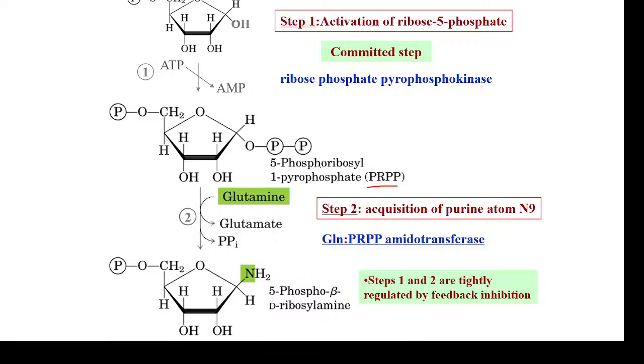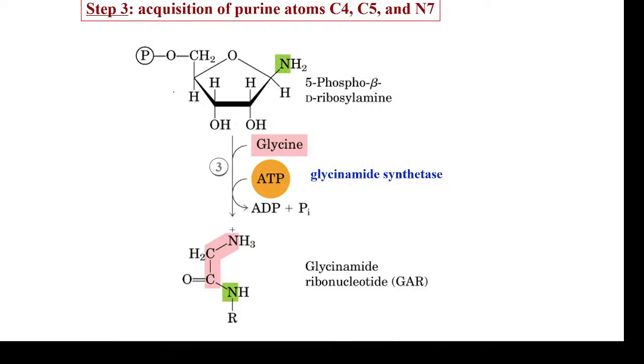Here the pyrophosphate is released in the form of inorganic pyrophosphate. This reaction is catalyzed by PRPP amidotransferase. These two steps, step 1 and step 2, are going to control the rate of the whole pathway. So they are regulatory enzymes. These are rate limiting steps.